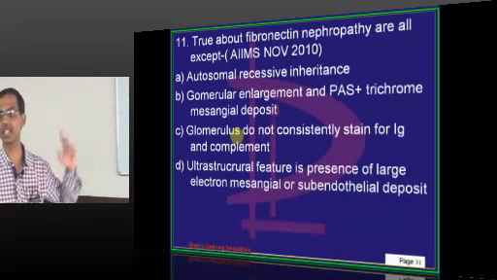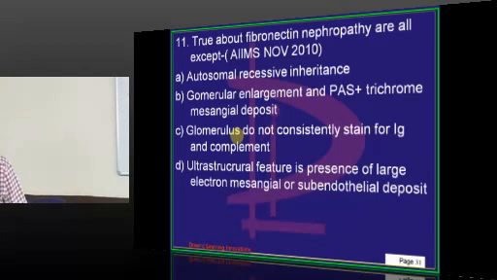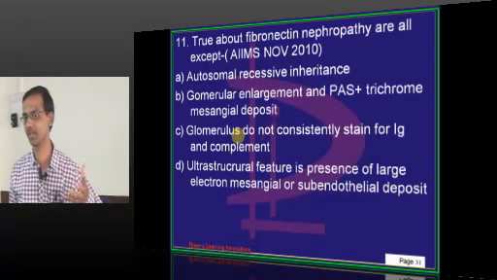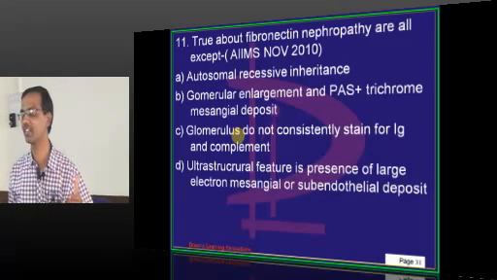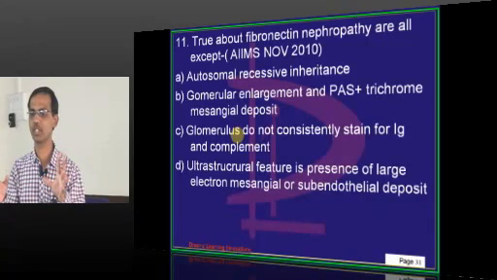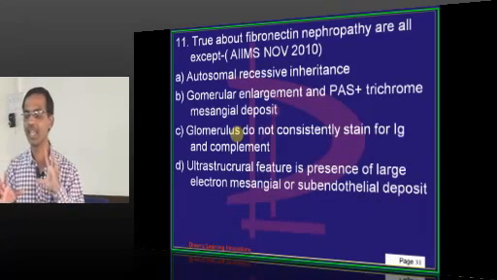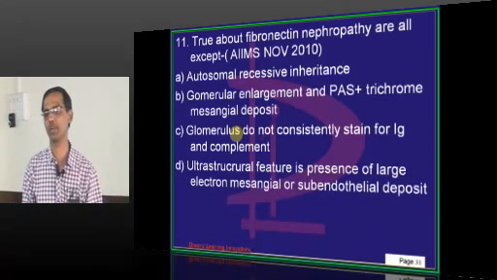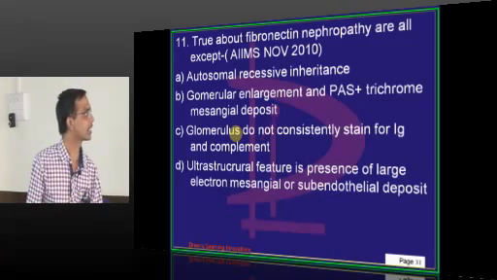That is a correct statement. They consistently do not stain because they generally do not elicit a lot of immune complex mediated reaction. Complement activation is not a characteristic feature. They sometimes have electron dense deposits, but they are not rich in immune complexes. Mesangial deposits are very common in fibronectin nephropathy. So that also becomes a correct statement.